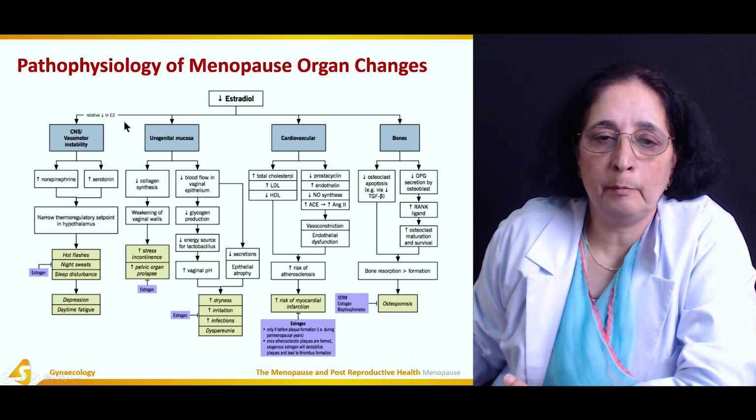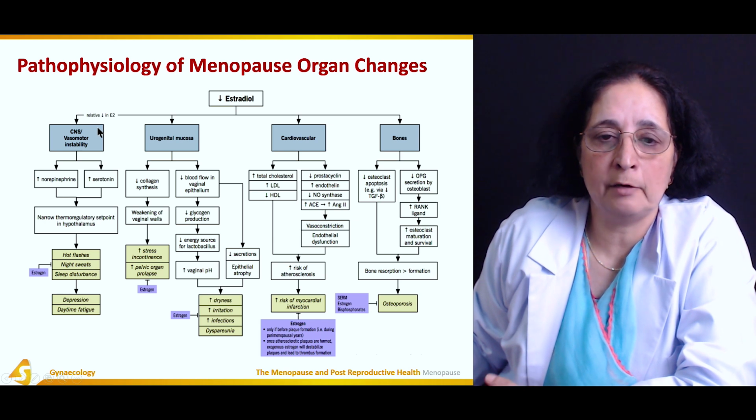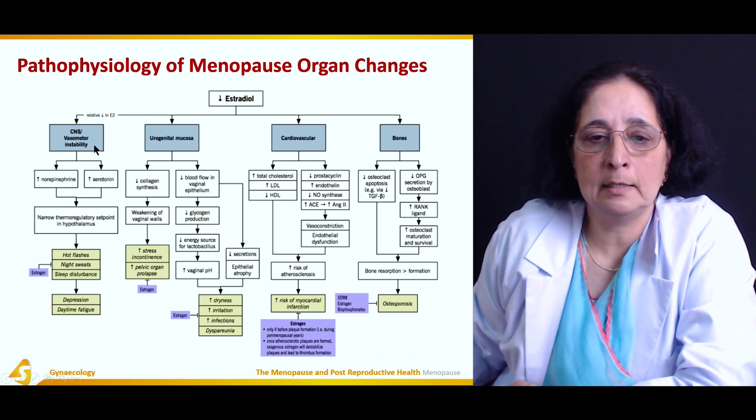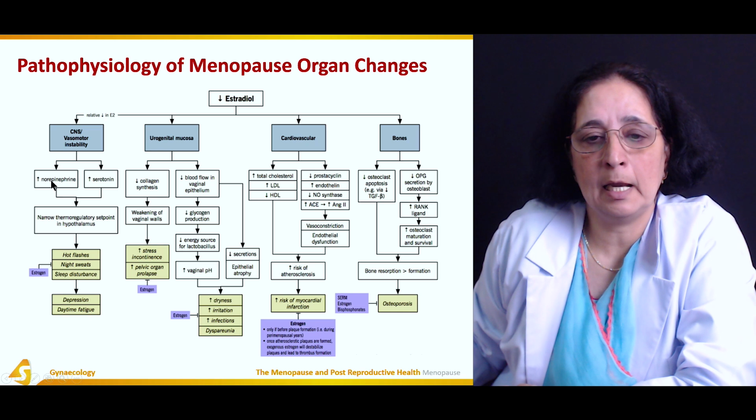So if we talk about the central nervous system and vasomotor instability, what occurs here is an increase in norepinephrine and an increase in serotonin level.